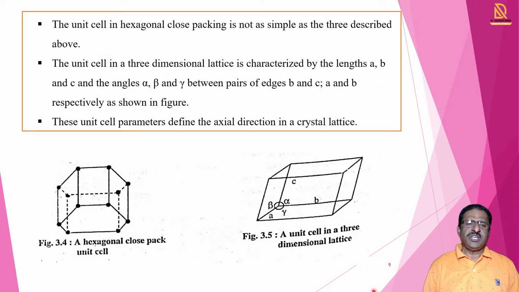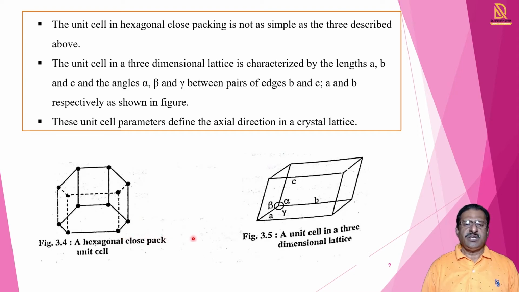So these unit shells in hexagonal close pack are not as simple as the three diagrams we have seen, that is the cubic unit shells. In hexagonal, the ions are also attached with each other, but the structure obtained is in hexagonal shape.